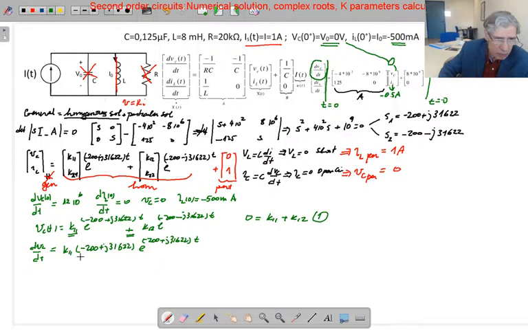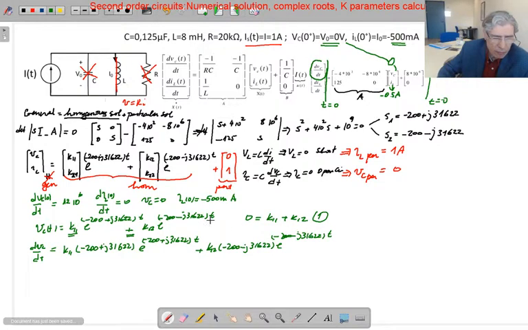So that is the derivative of this first term here. The second term derivative is K12 times (minus 200 minus j31622) e to the power (minus 200 minus j31622)t.